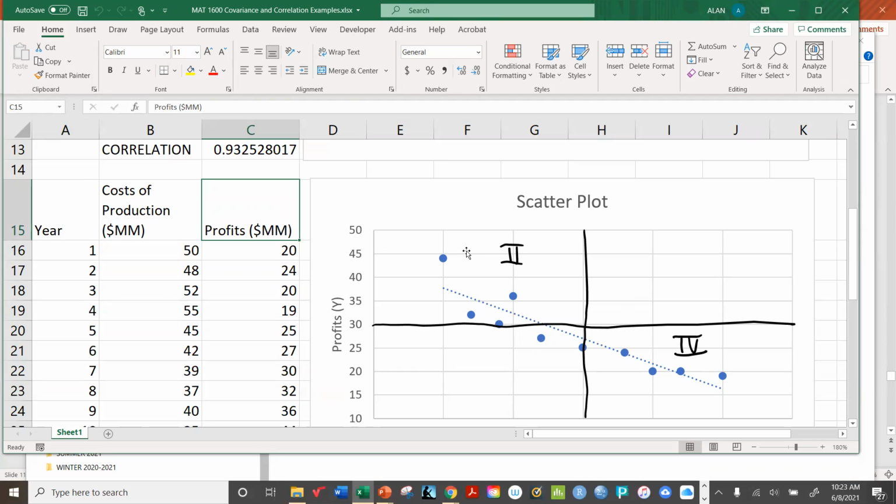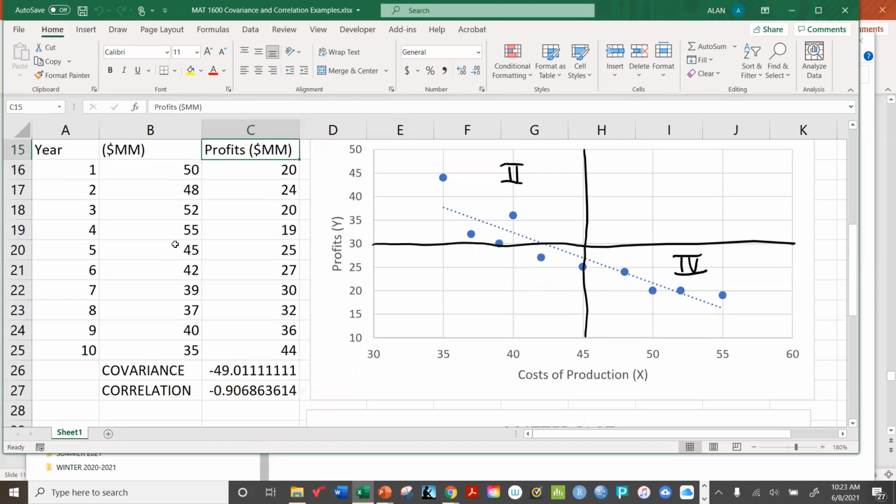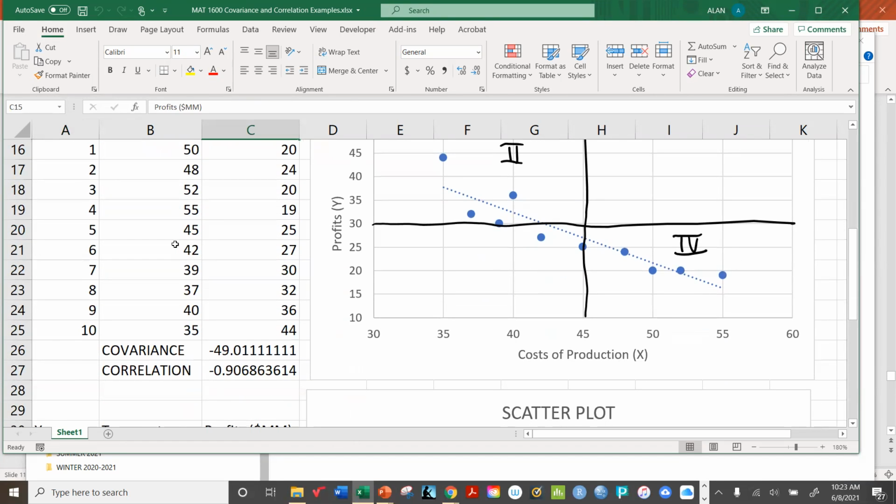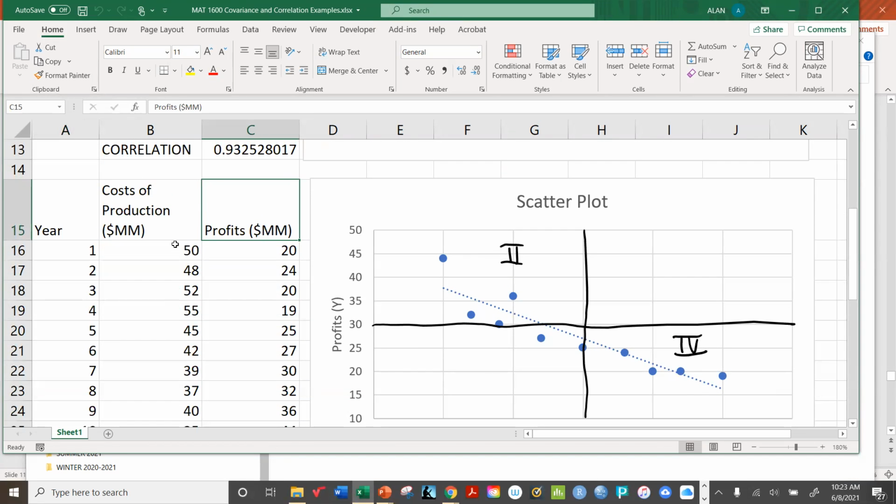And if you notice this time, the points are moving down towards the right. In fact, most of the points are in either the second or the fourth quadrant. And what this tells me is that the variables are negatively related, which simply means when one goes up, the other has a tendency to go down and vice versa.